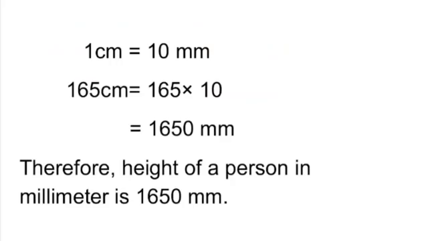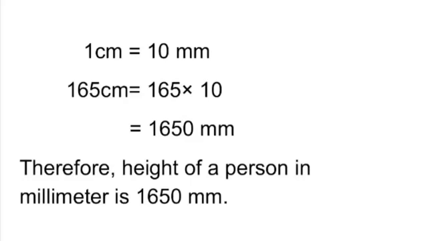And if we want to convert centimeter into millimeter, so 1 centimeter is equal to 10 millimeter. Then 165 centimeter equals 165 multiply 10, means we will get 1650 millimeter.